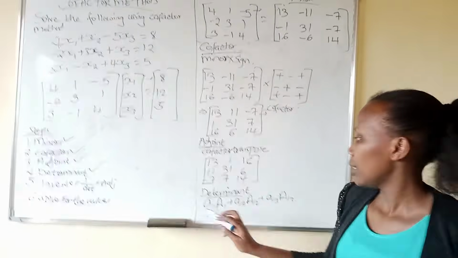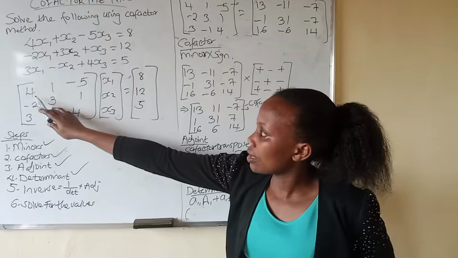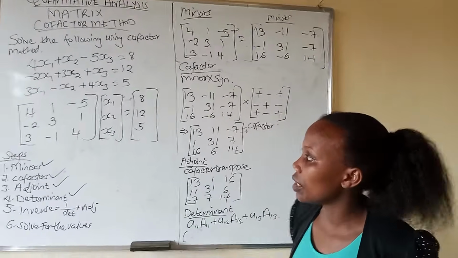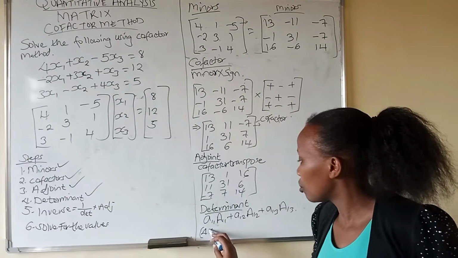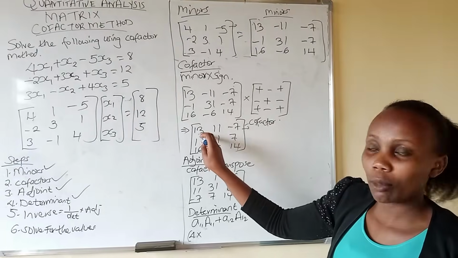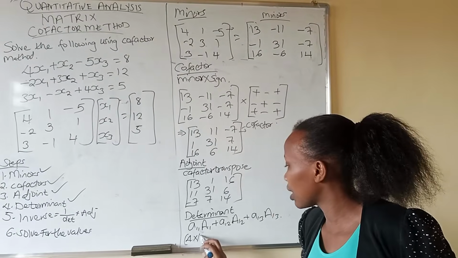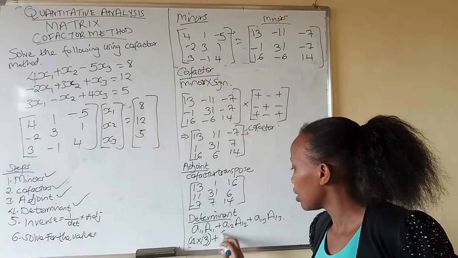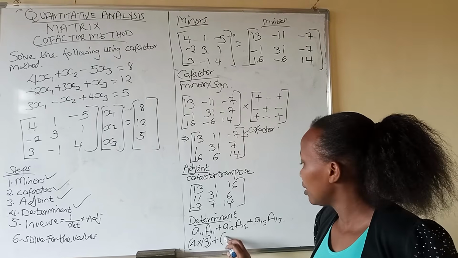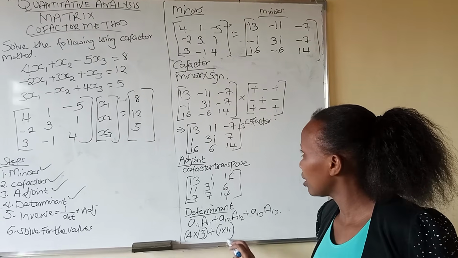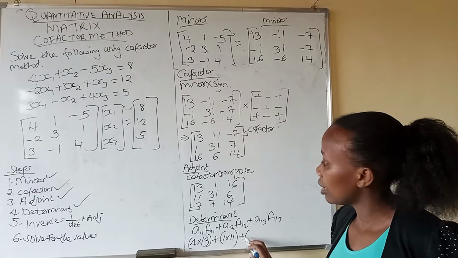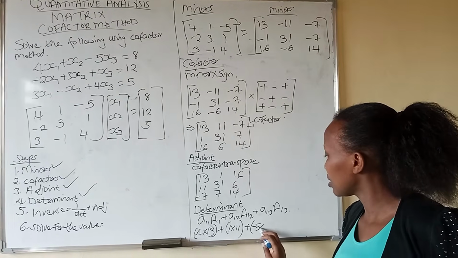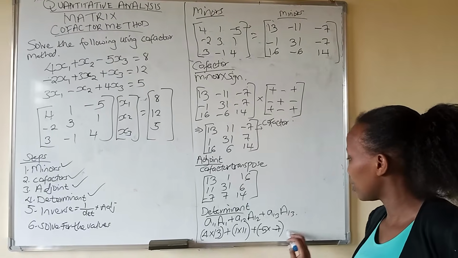So the row 1 column 1 of the initial matrix is 4, you multiply with the row 1 column 1 of the matrix of the cofactor, which is 13. Then you add 1 times 11, then negative 5 times negative 7.